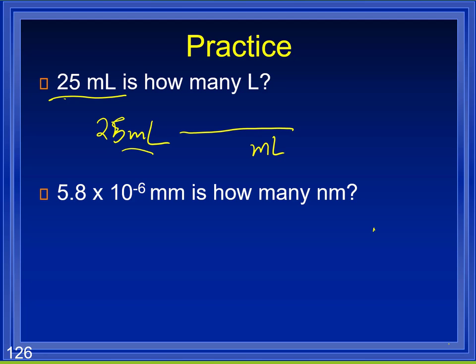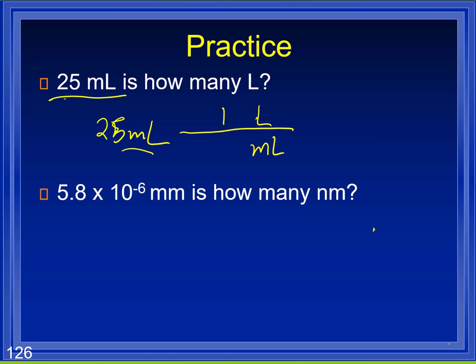What can I turn milliliters into? Well, I've got a prefix. I can get rid of that prefix so I can go to liters. Which is bigger, a liter or a milliliter? Well, a liter's bigger, so it gets the 1. The big unit gets the small number. And how many milliliters in a liter?